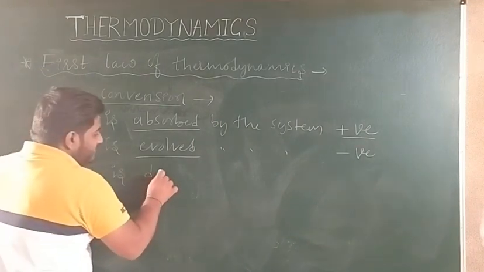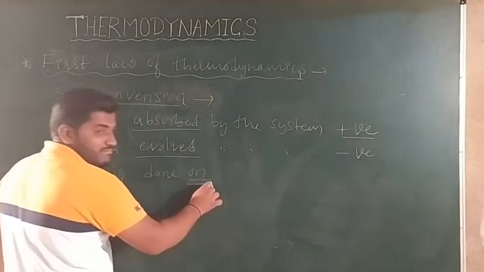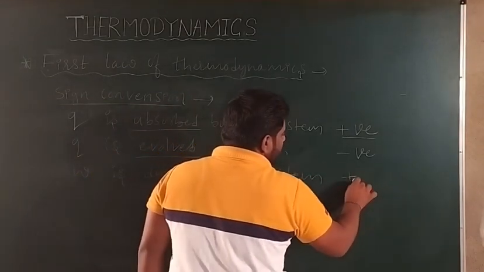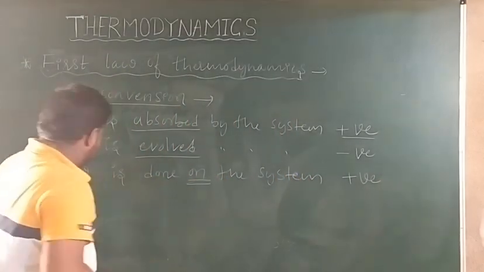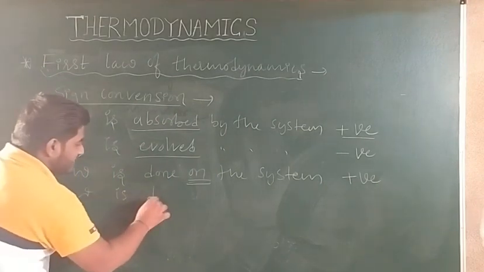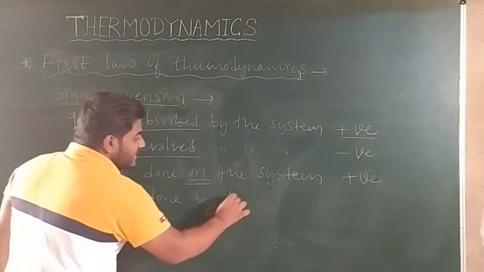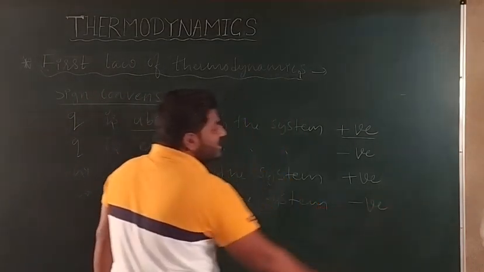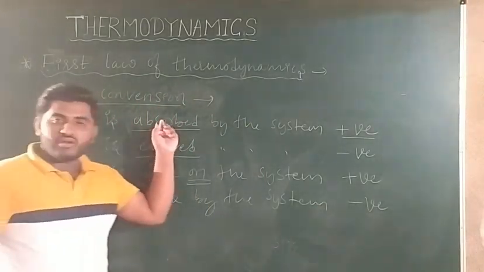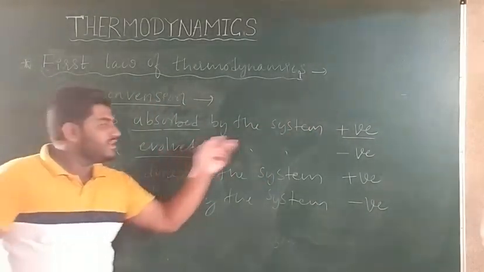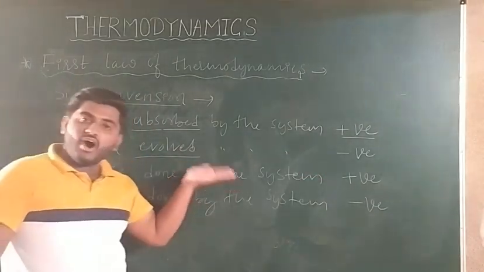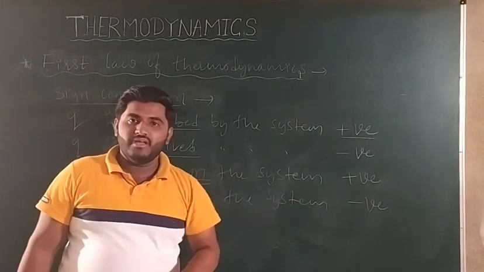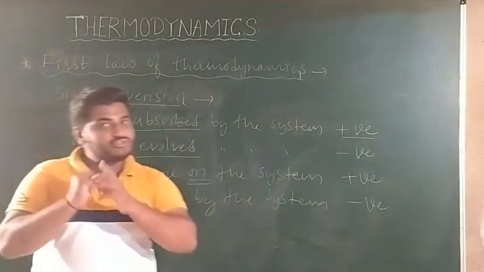Work is done on the system, then we take it as positive. Work is done by the system, then we take it as negative. Heat absorbed, positive. Heat evolved, negative. Work done on the system, positive. Work done by the system, negative. These are the four sign conventions you should know.